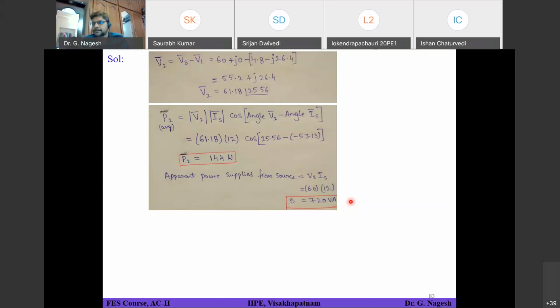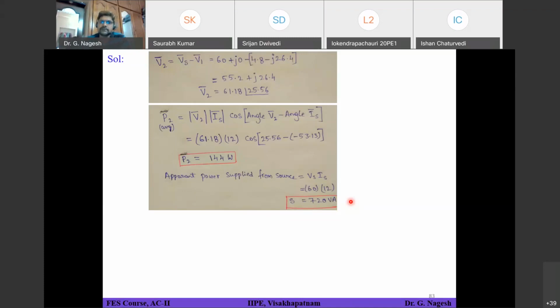288 plus 144. Yeah, that's correct. So it will be 288 plus 144 because the average power delivered from the source will be consumed by the loads. Or otherwise, you can calculate the average power from the source as the RMS value of source voltage, into the RMS value of source current, into cos of angle of source voltage minus angle of source current. If you do that also, you will get the average power.